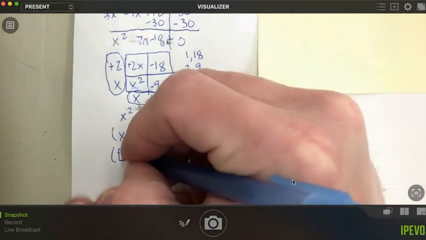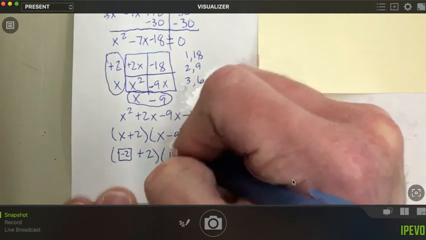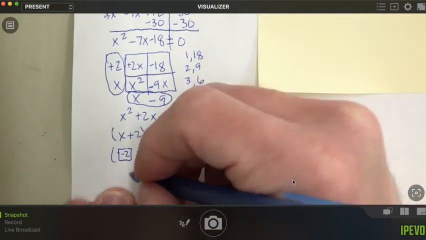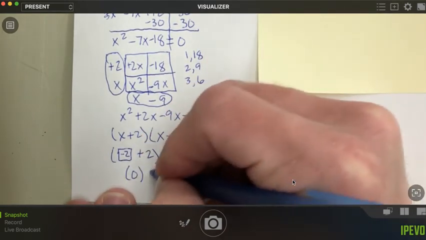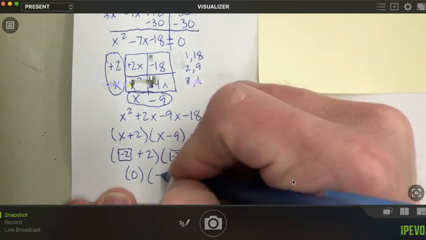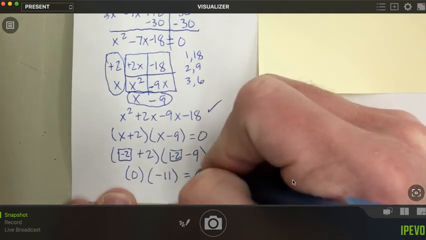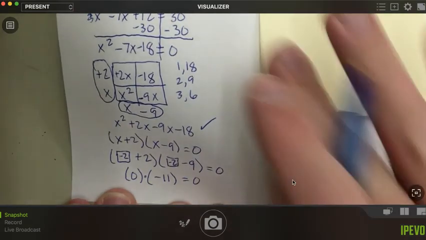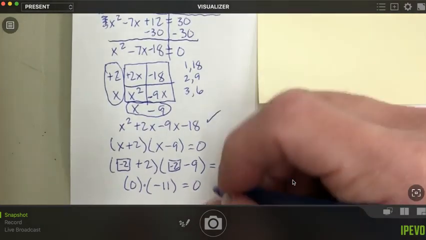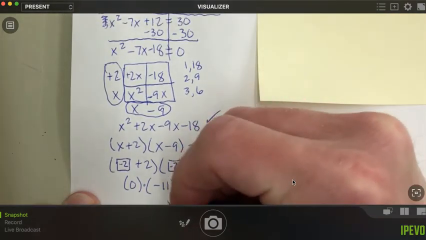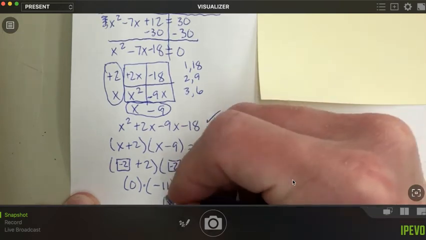In this case, if I throw a negative 2 in, negative 2 plus 2 is 0. Negative 2 minus 9 is negative 11. Do those multiply to get 0? They do. And so x equals negative 2 is one possible solution here.